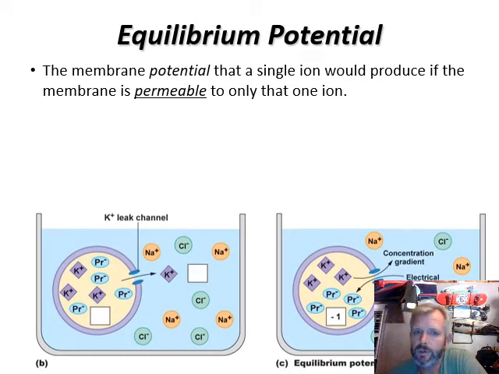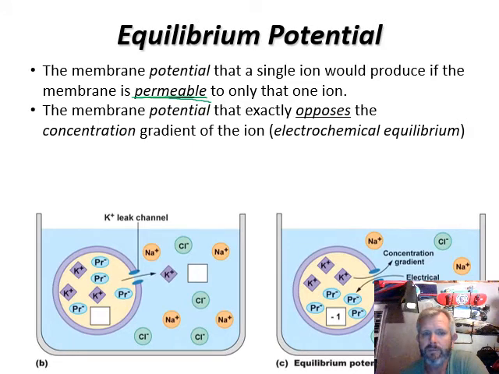When we're using the Nernst equation, we're just looking at what if the membrane was permeable to only one ion. We're not looking at the effects of both, just what if the membrane was only permeable to one specific ion.